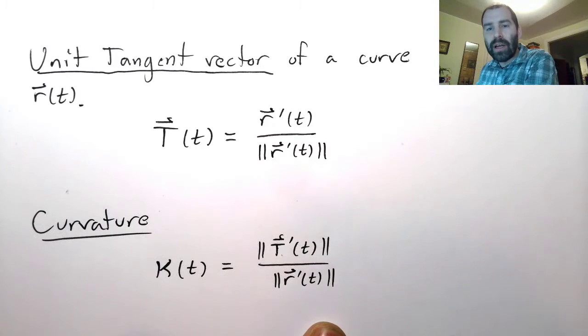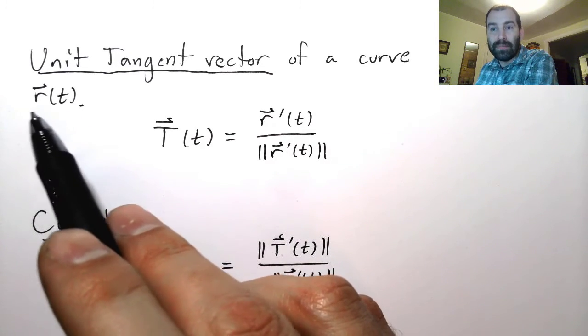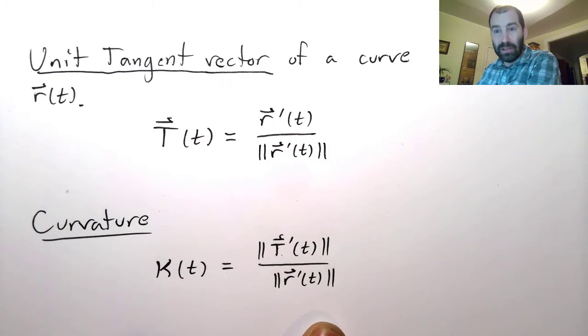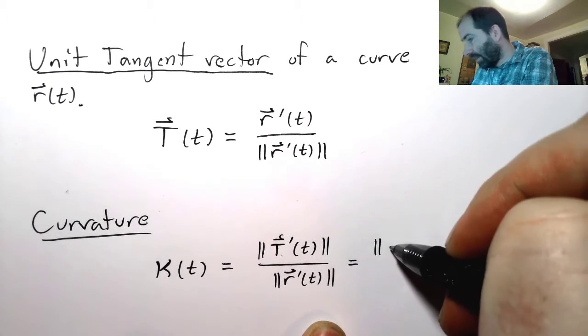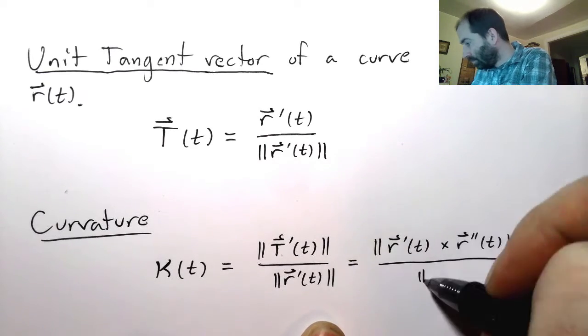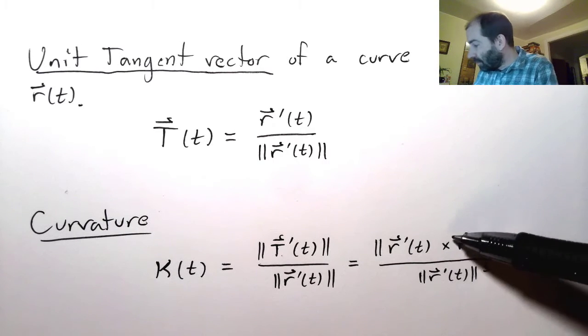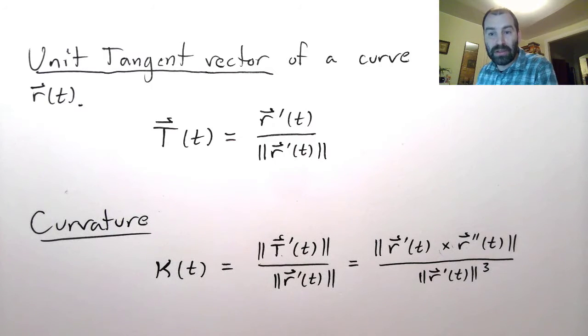And it will work provided the curve is a three-dimensional vector curve. Okay, so if it is three-dimensional, then the expression can also be written like this. Now you can see why it needs to be three-dimensional, because it involves a cross product. We can only take cross products of three-dimensional vectors.